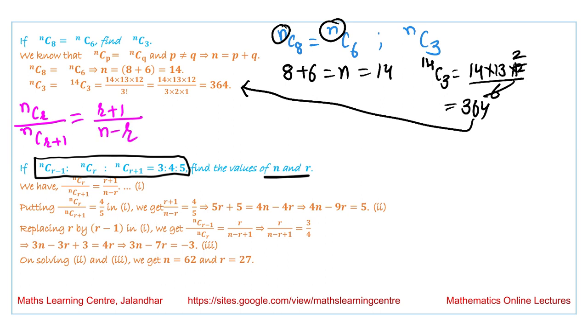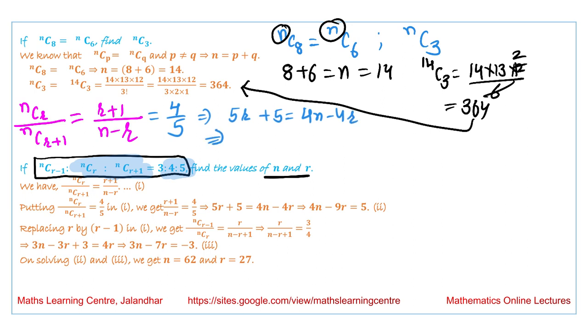So if we substitute these values over here, it is given that the ratio of these two terms is 4:5. This ratio is given to be 4:5. So this implies that 5r plus 5 is equal to 4n minus 4r.